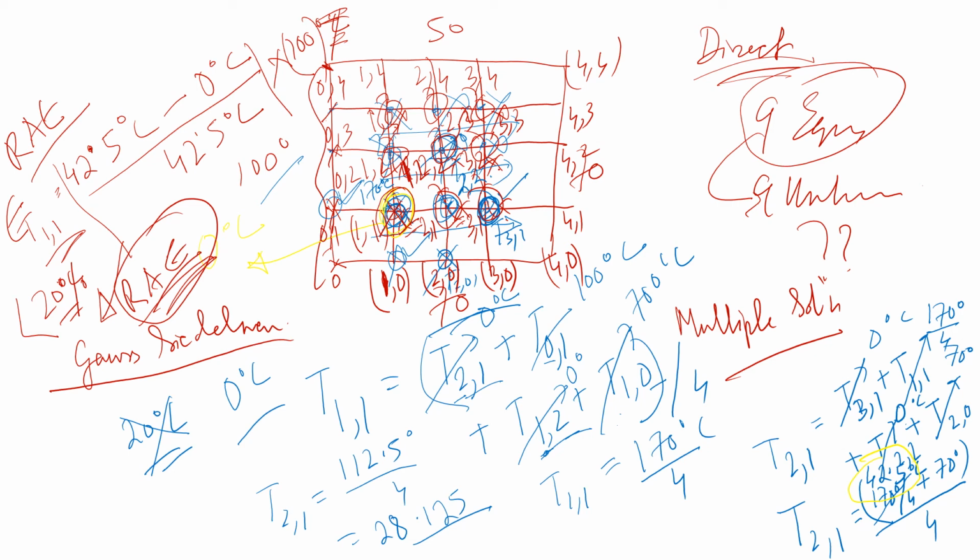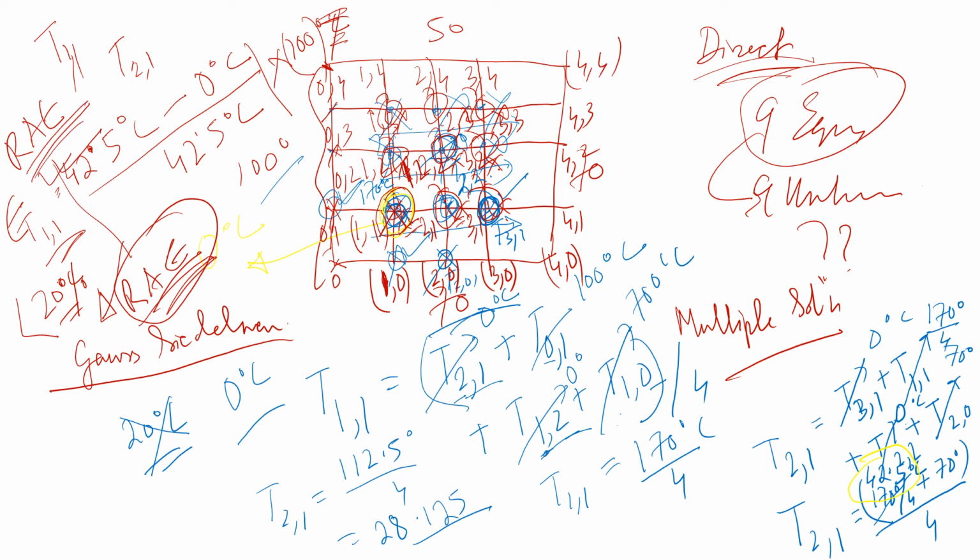And again you will get a new T11, right? New T21 and so on. So then again you will apply this equation to find out the relative absolute error.